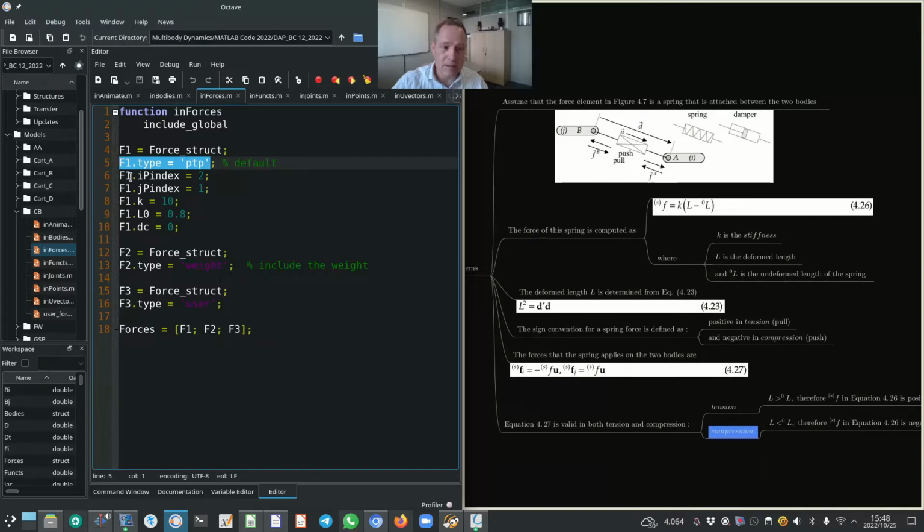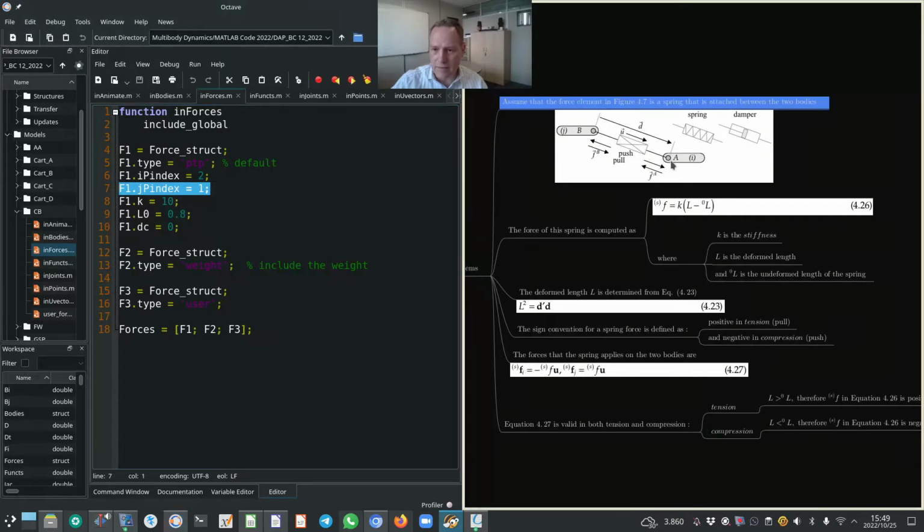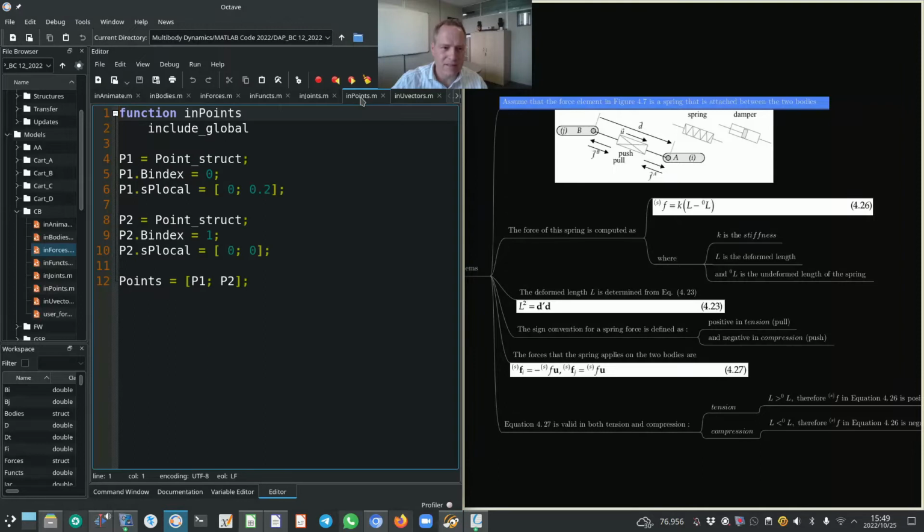Okay, so we specify point IP and point JP. That will correspond, in other words, to point A here in figure 4.7 and point B. Now let us quickly look at what point 2 is and what point 1 is in the input file, in points.